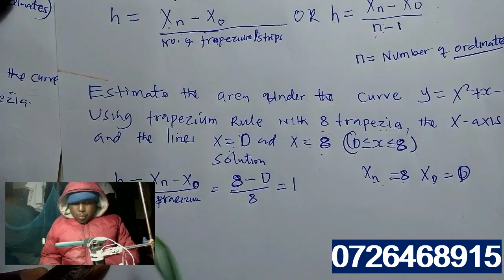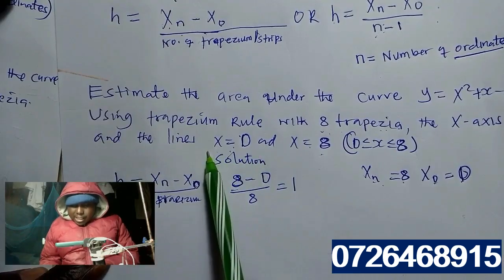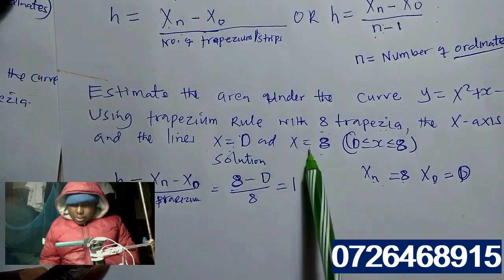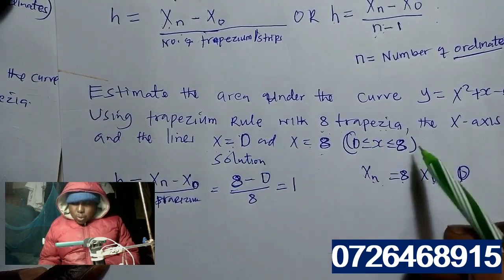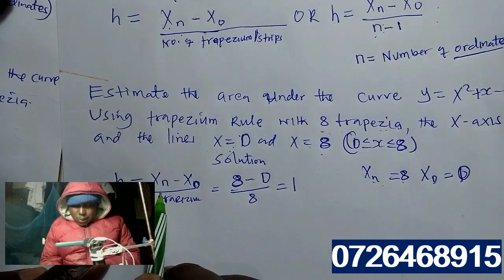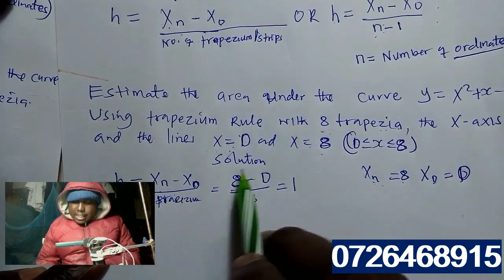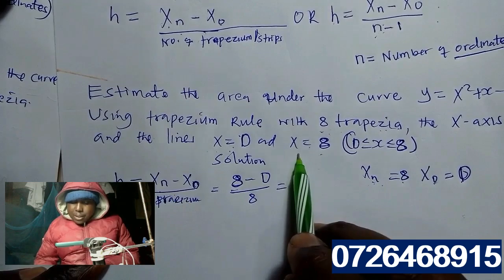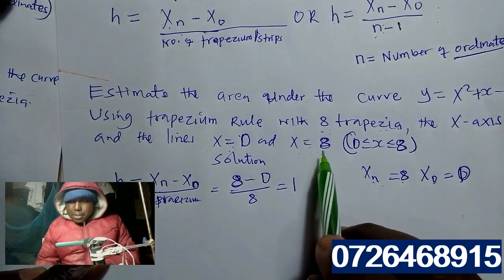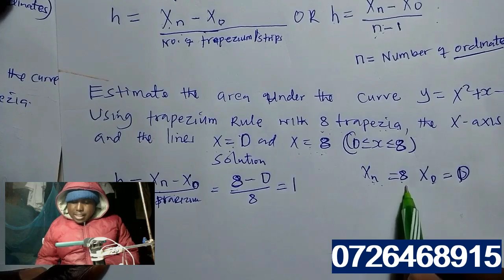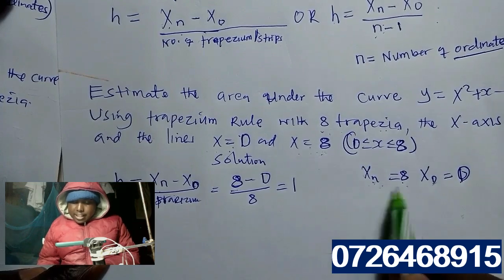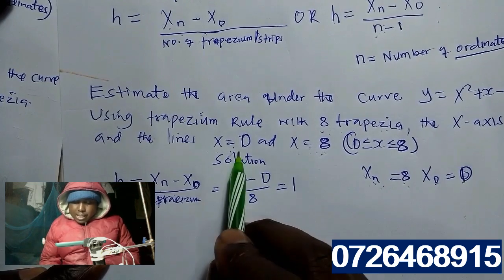So x is equal to 0 and x is equal to 8. The range is 0 to 8. So xn is the largest value of x, the biggest x value, that is 8. X naught is 0, the first number in the range.